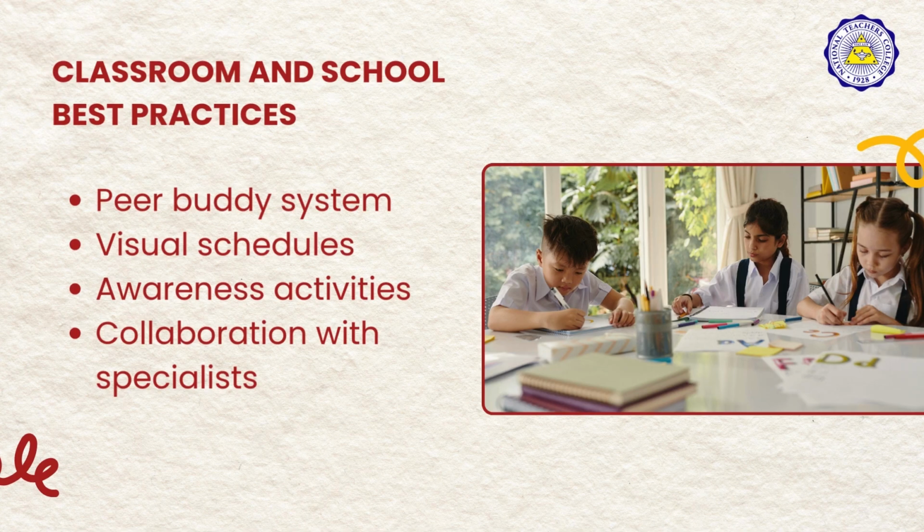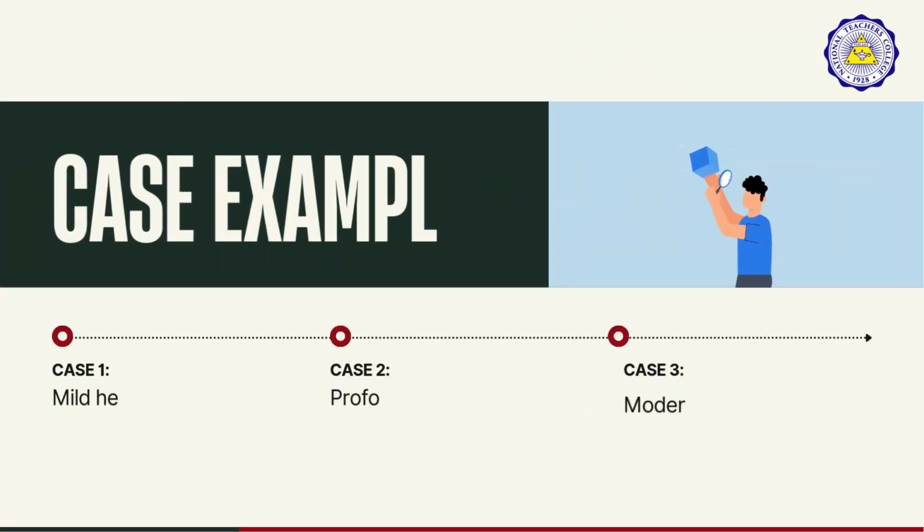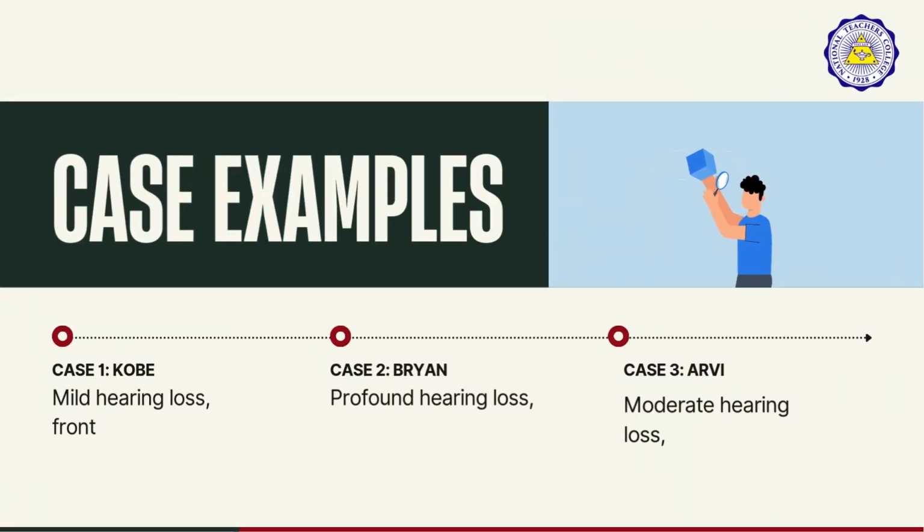Conduct awareness campaigns to promote empathy among students. Remember, inclusion is not only about resources, it is also about mindset. Let us look at 3 examples that show how support can make a difference.